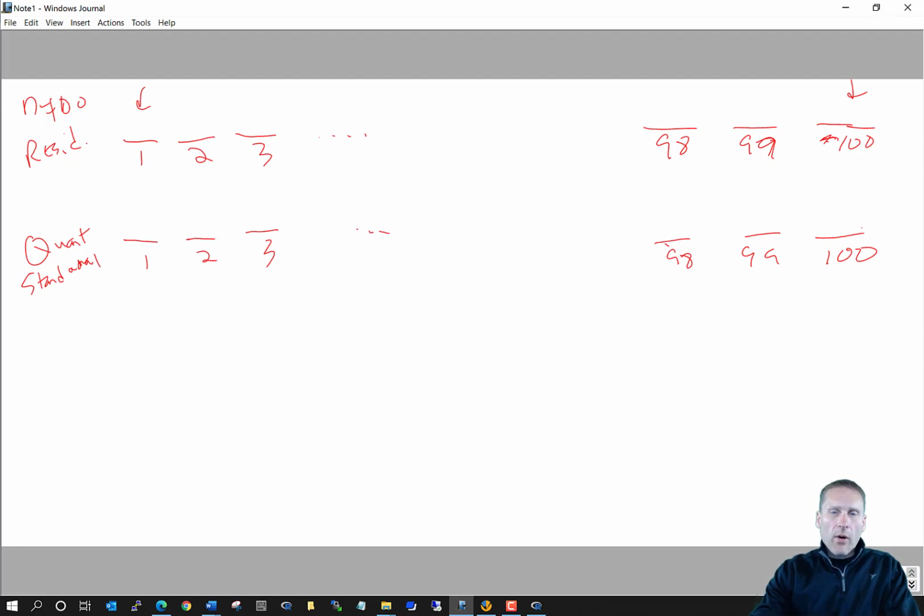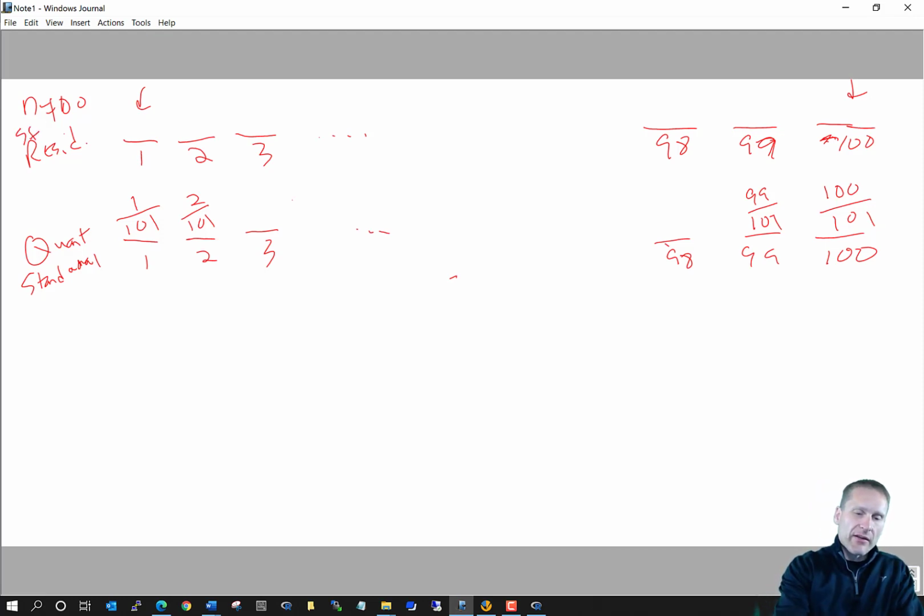What quantiles are we going to have? We have 100 observations in our time series data set. So what I'm going to do is find the 1 over 101 quantile, the 2 over 101 quantile, all the way down to the 99 over 101 quantile, and the 100 over 101 quantile. Let's also say that these are standardized residuals. This just makes the description easier, even though you don't need to. Now, why did I use 101 there?